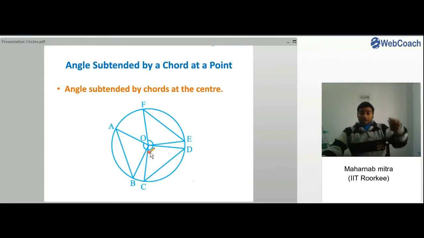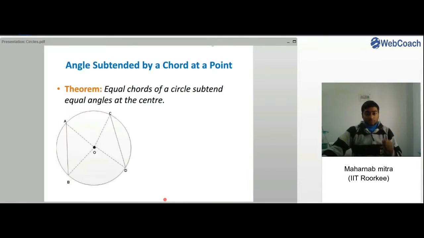The angles which they make when their endpoints are joined to the center, this is called angle subtended by the corresponding chords at the center of the circle, right? So there are many characteristics and very interesting ones which we can find out from these angles subtended by these chords.